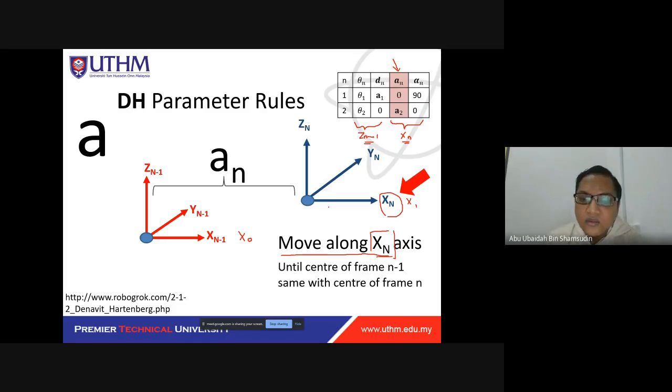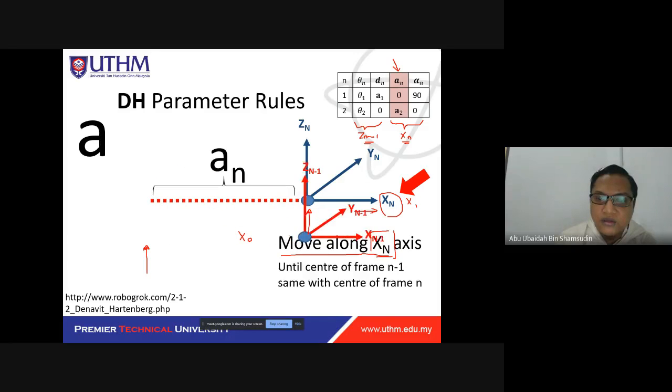Now we need to move along the xn axis between this point here to this point here. Because the xn is going in this direction, it will become like this. So you get the distance between this point and this point.